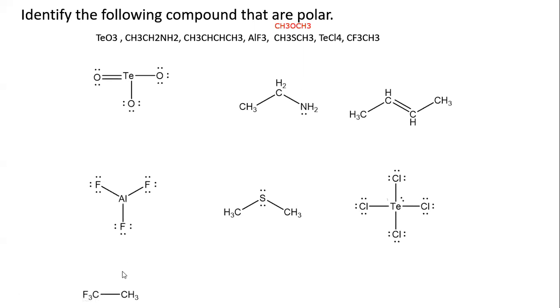And here I've drawn all the Lewis structures very nicely. So we have TeO3. Now TeO3 you may have never seen before, but it's synonymous with SO3, because if the central atom is in the same group, they're going to have similar Lewis structures.